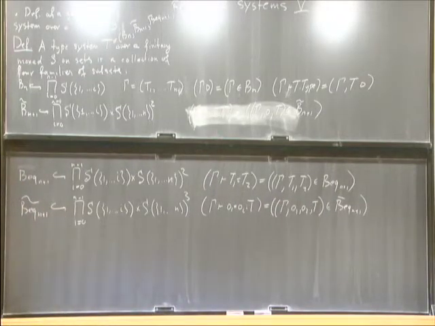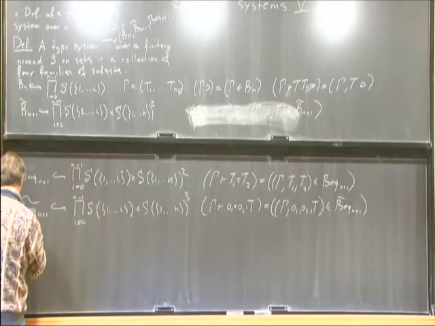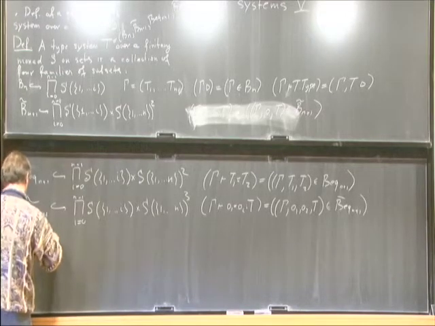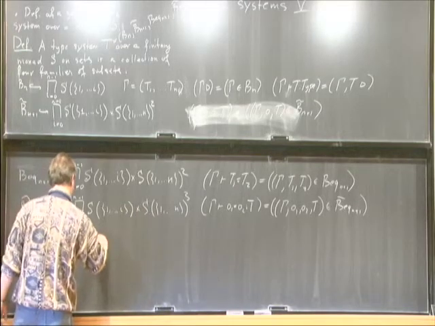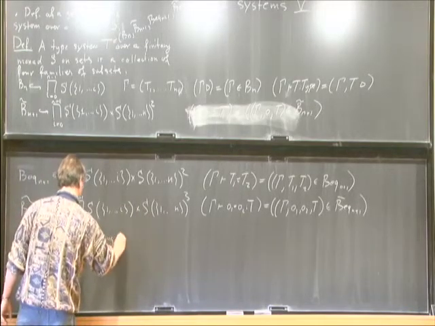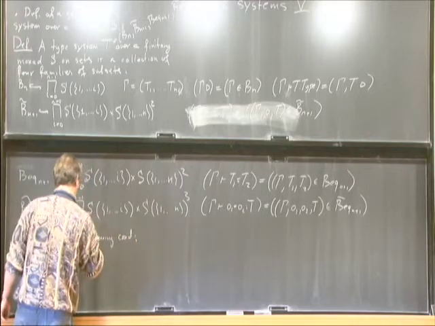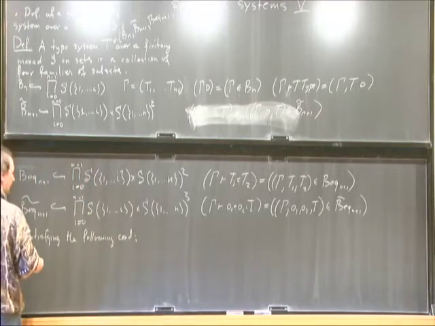So having said this, a type system over a finitary monad is a collection of subsets satisfying the following conditions. I'm going to write these conditions for now as follows.